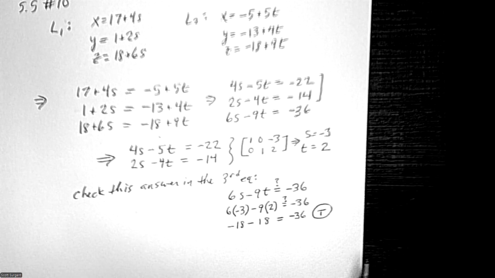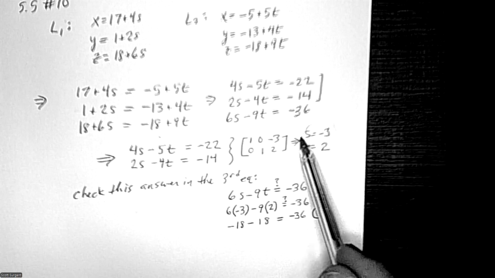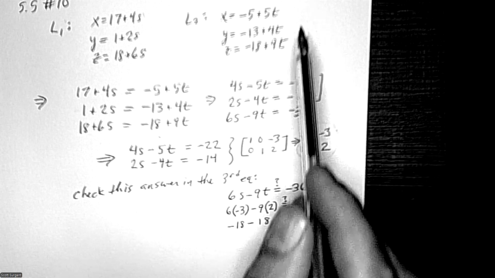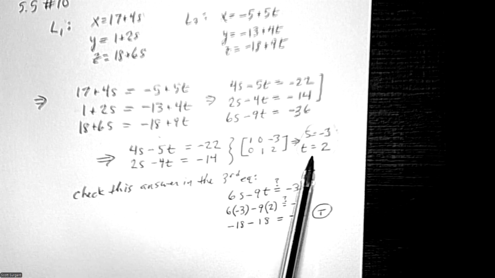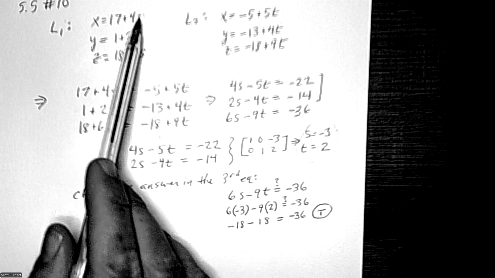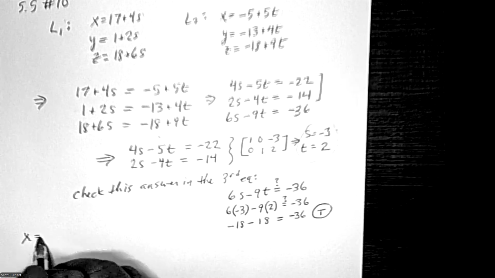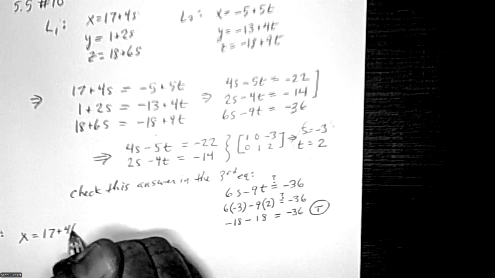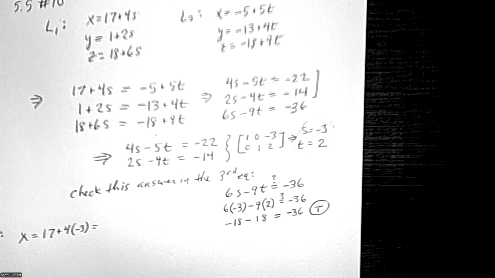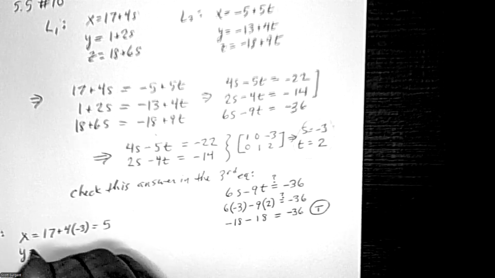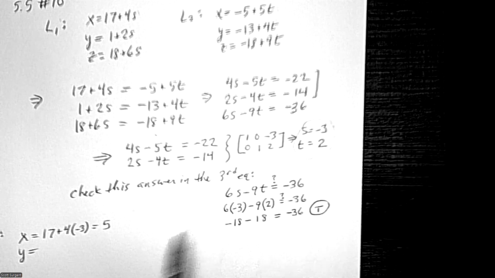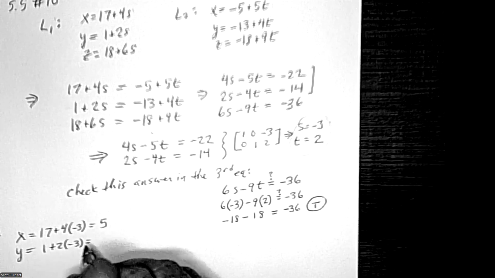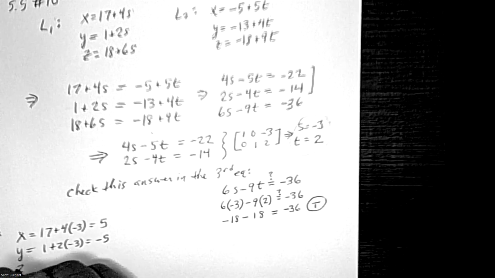So the question then is where do they intersect? You take the parameters that you got here, go back to the original functions at the top and plug them in. For example, if I plug in negative 3 for s for line 1: 17 plus 4 times -3 is 17 take away 12, which is 5. 1 plus 2 times -3 is 1 plus -6, which is -5.